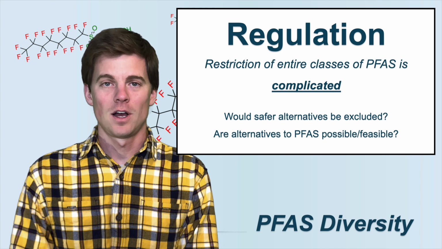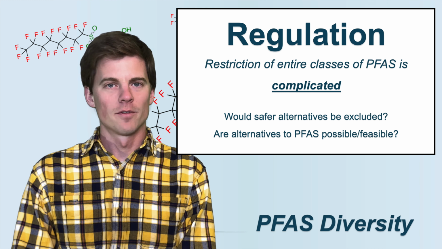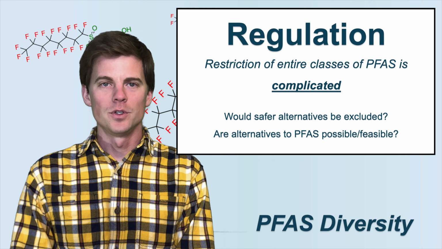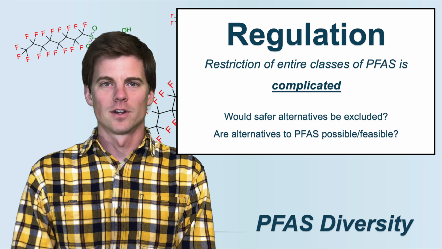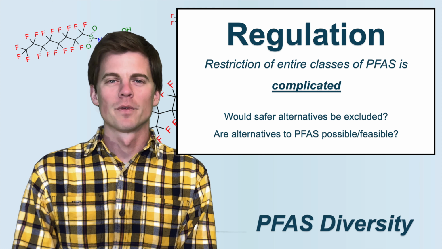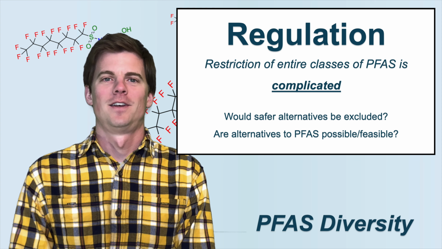Or what if a perfluorinated acid excludes some potential safe alternative perfluorinated acids that we could have used as replacements? It's hard to know without knowing everything that's out there. So how do you regulate PFAS? It's the trickiest question to answer, I think, in environmental regulation right now. Maybe not the trickiest. I'll go ahead and call it the trickiest.